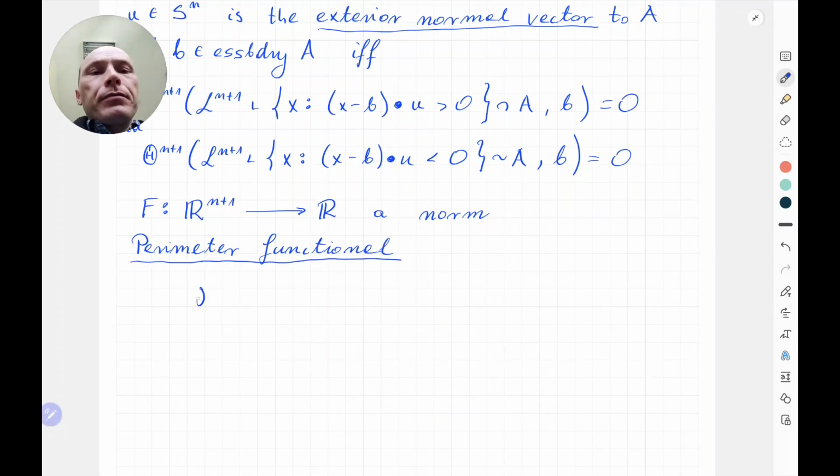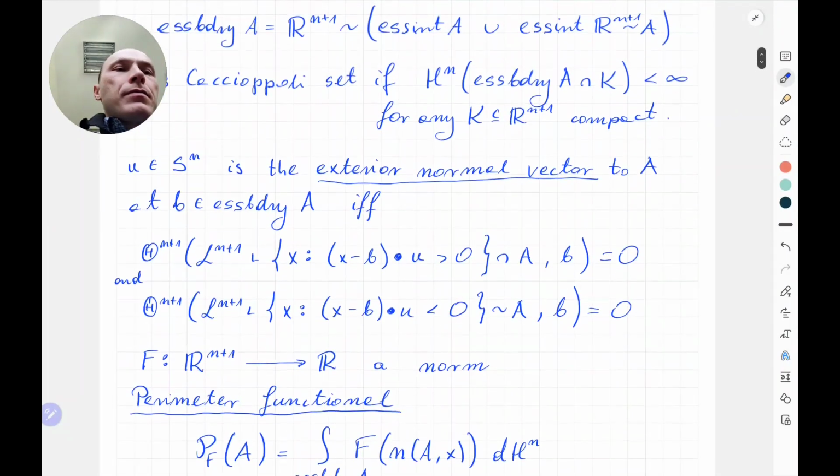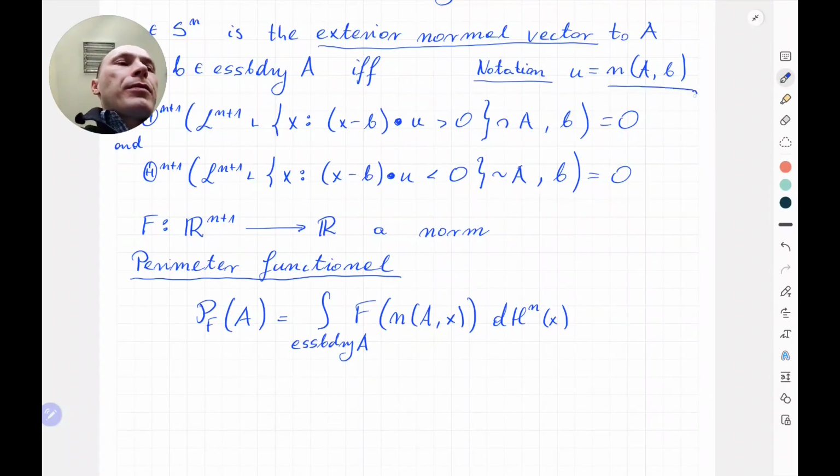The perimeter will depend on this norm F. Take a GAPPF set A, and you just integrate over the essential boundary F of the normal vector, with respect to the Hausdorff measure. The normal vector U is the exterior normal vector, and for this we use the symbol n_A.